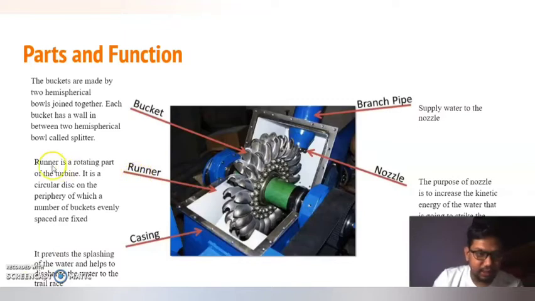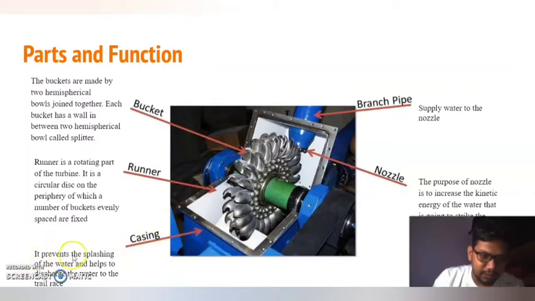Secondly is the runner. The runner is the rotating part of the turbine. It is a circular disc on the periphery of which a number of evenly spaced buckets are fixed. The third part is the casing.